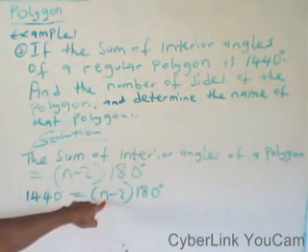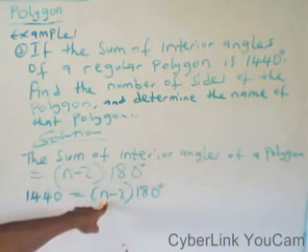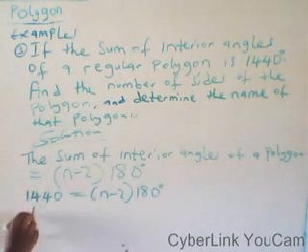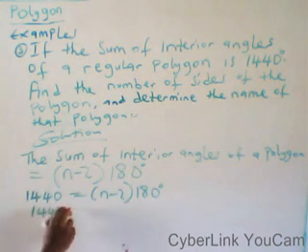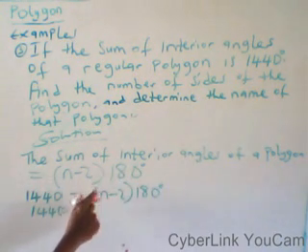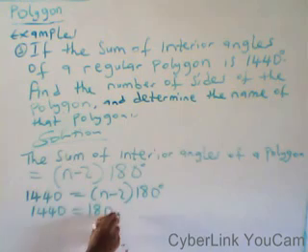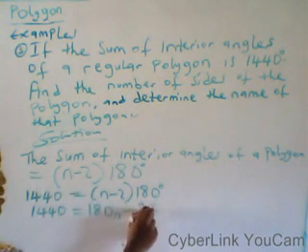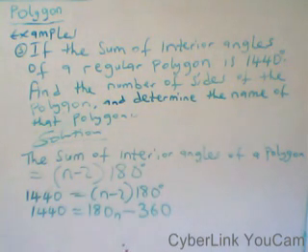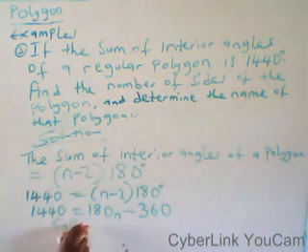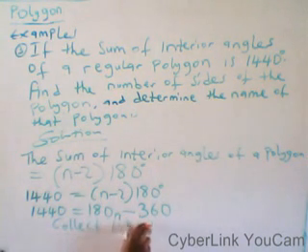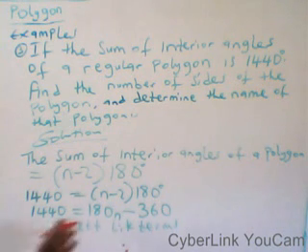So by doing that, what we are going to do here is this. 1440 is equal to 180 times n, 180n, minus 180 times 2, that gives us 360. Then we now collect like terms.